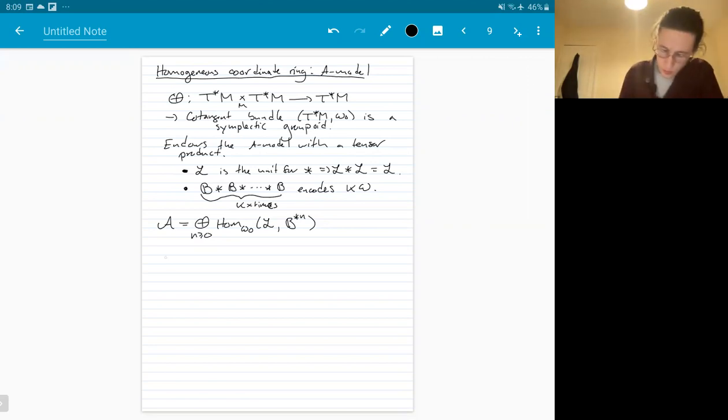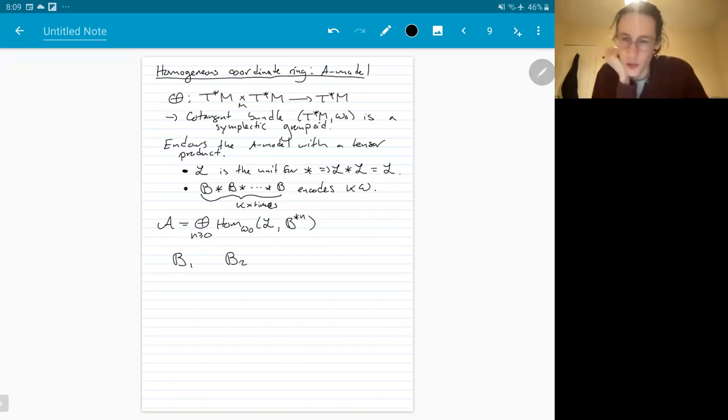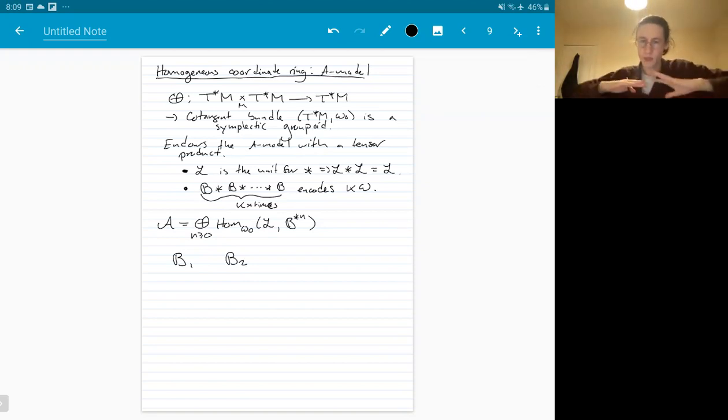If you have two branes, in this case, say space filling branes, so they're going to be supported on the entire space, and they're going to have line bundles on them with connections. And you want to tensor them together.